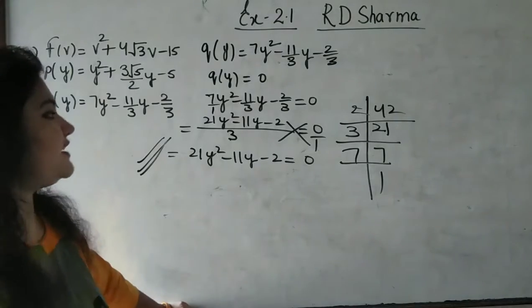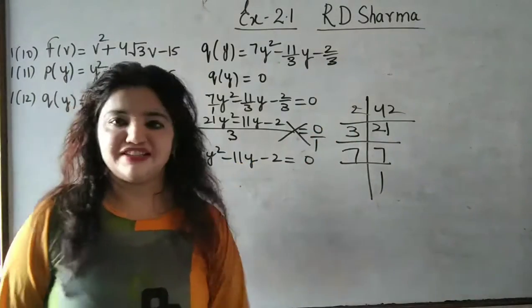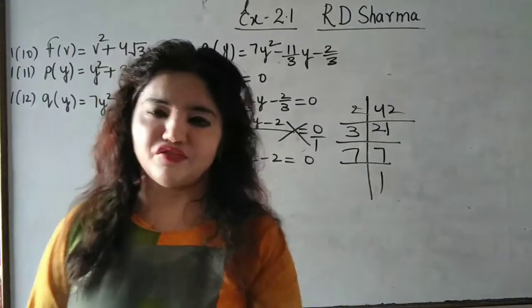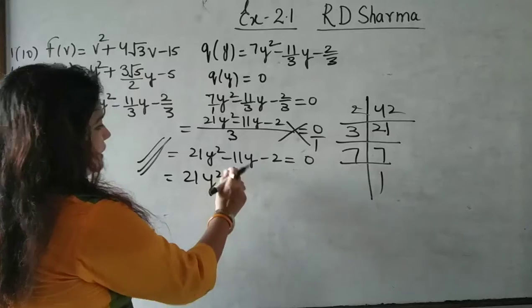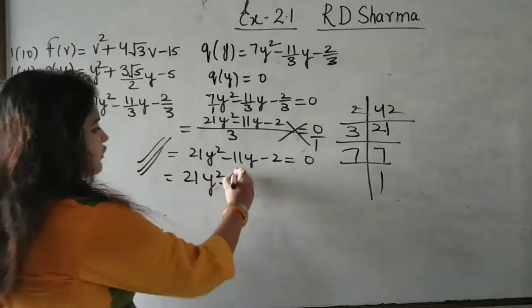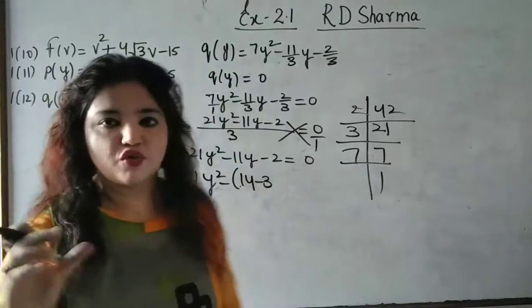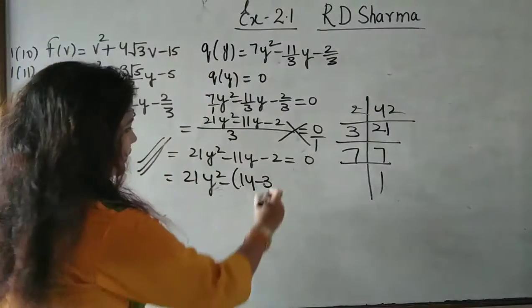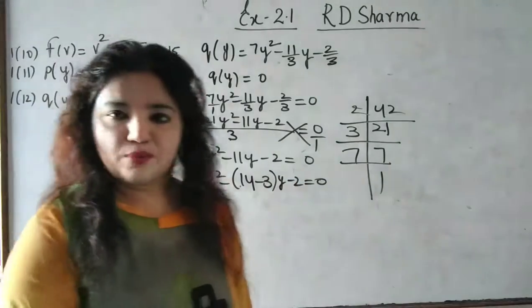We have to get 11. 7 twos are 14, 14 minus 3 is 11, and 14 threes are 42. Good. So in place of 11, we will write 14 minus 3. So 21y square plus 14y minus 3y minus 2 is equal to 0. Now we will open the bracket.